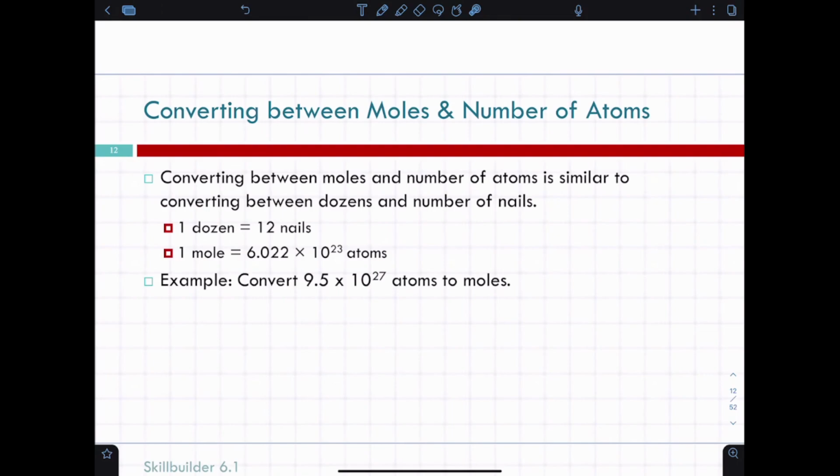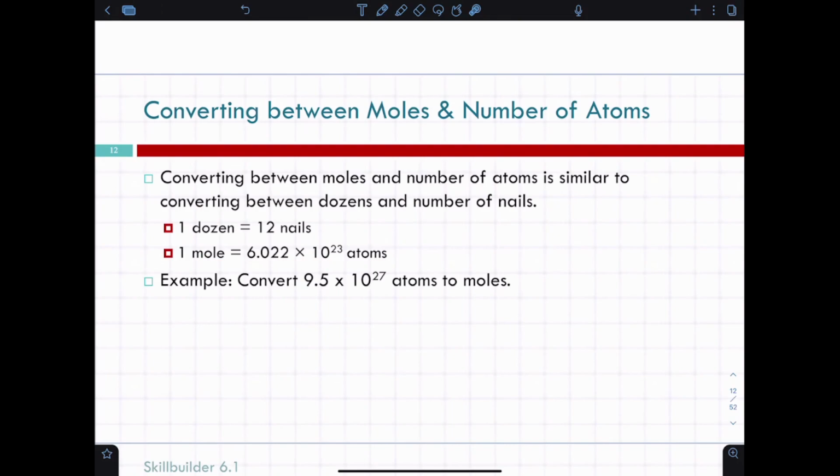So converting between moles and the number of atoms is similar to converting between dozens and number of nails. So 1 dozen is 12 nails, 1 mole is 6.022 times 10 to the 23 atoms.